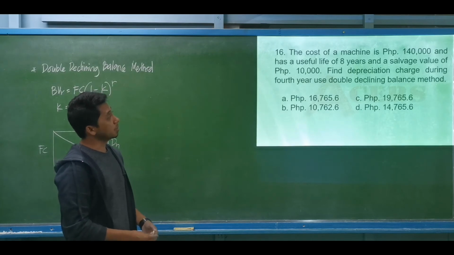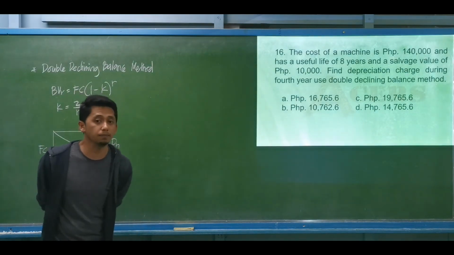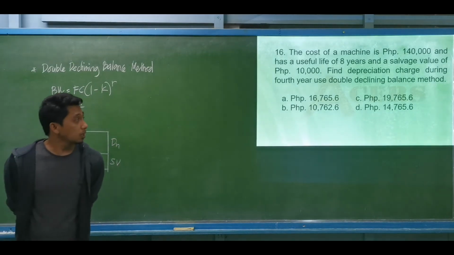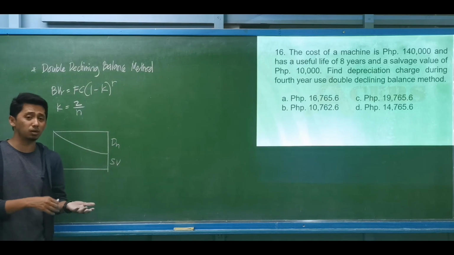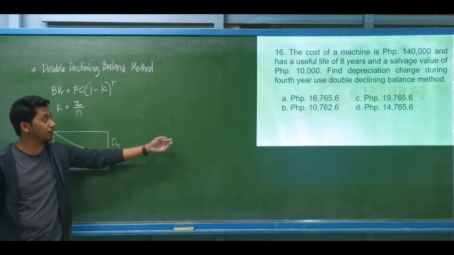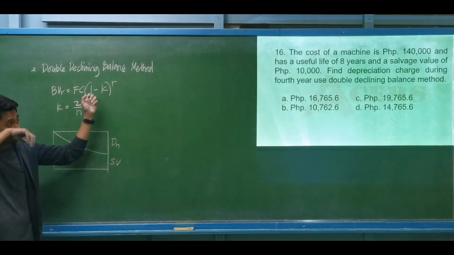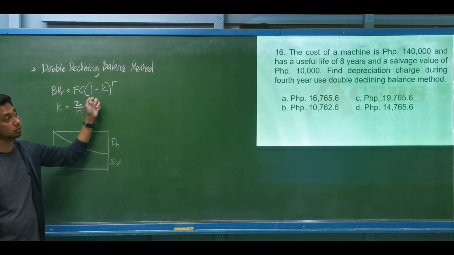So the cost of a machine is 140,000 and has a useful life of 8 years and a salvage value of 10,000. It doesn't matter if we have a zero salvage value or if the salvage value is given, since you will not be needing the salvage value for the double declining balance method.